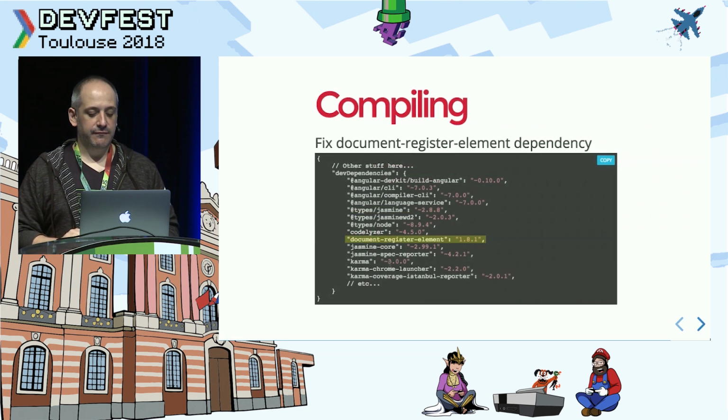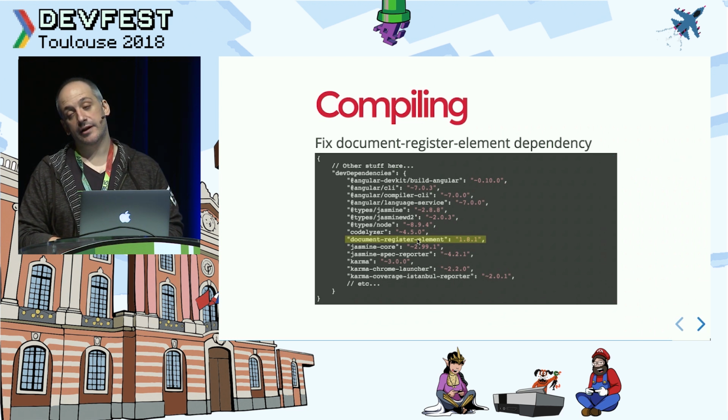More stuff that I found along the way: there were some changes in the document-register-element package, and with Angular 7 it is now failing, so I had to fix the document-register-element dependency to 1.8.1.